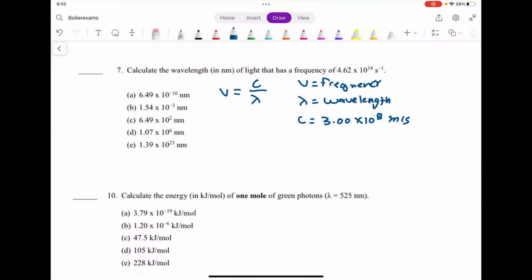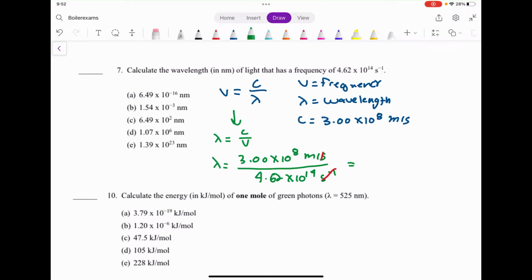If I solve this equation for wavelength, I get wavelength equals c over frequency, and I can just plug stuff in: 3.00 times 10 to the 8th meters per second over the frequency, which is 4.62 times 10 to the 14th reciprocal seconds. These seconds cancel.